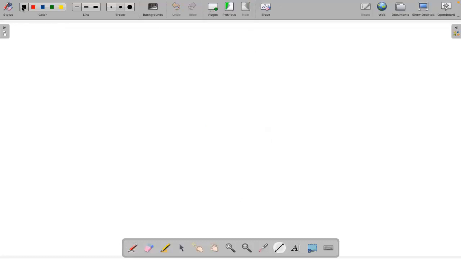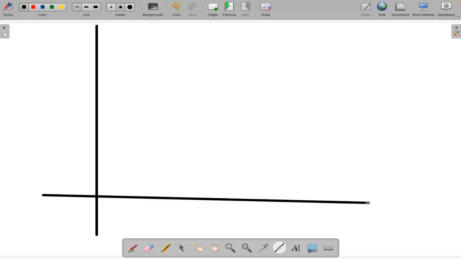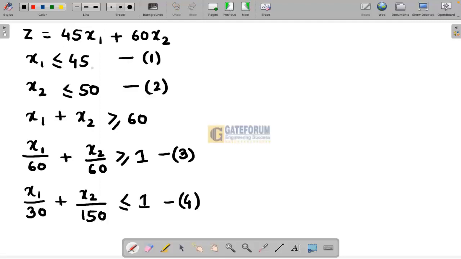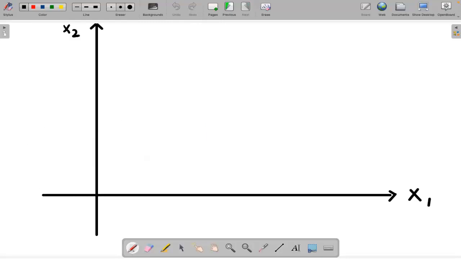First of all, draw the straight lines. This is your X1 and this is your X2. The first lines are X1 less than 45 and X2 less than 50.